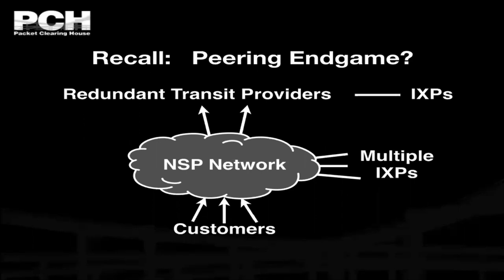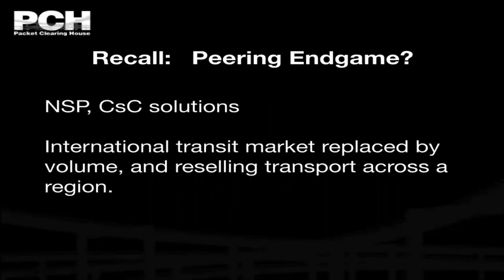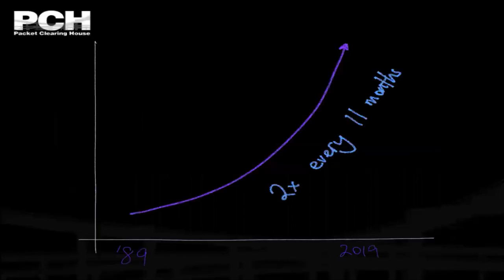We have multiple internet exchange points running in our ecosystem. And the transit market, where we were just acting as agents for foreign exchange, has been replaced. Instead of selling transit into and out of our region, we are now selling transport across the region. There's an important distinction here because transport enables the building of other infrastructure. And we'll talk about that in a bit.